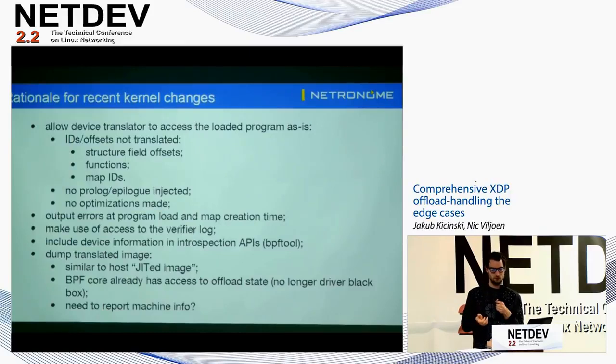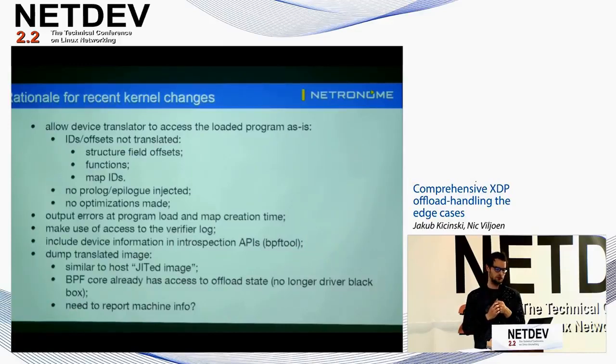So we are hoping to be able to dump those translated images back to user space, and perhaps extend bpftool to be able to disassemble NFP code, so users can see what the BPF programs were translated to on the hardware, the same way they would be able to for x86. And that should work pretty naturally in the new model.